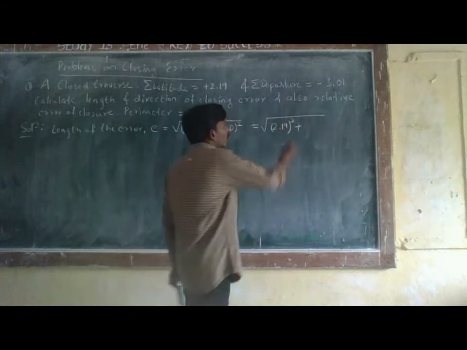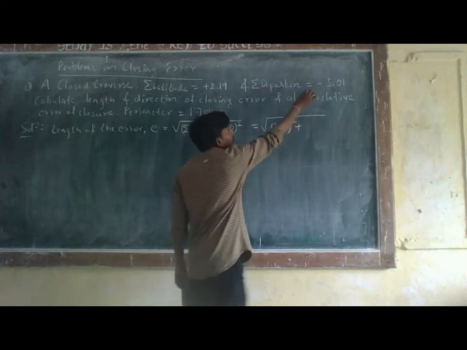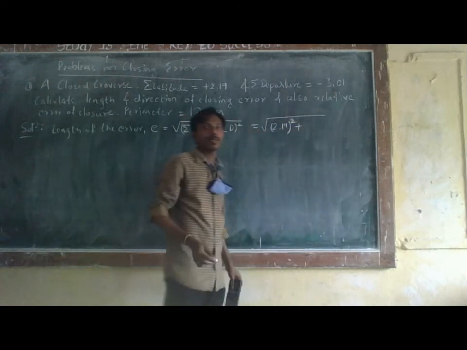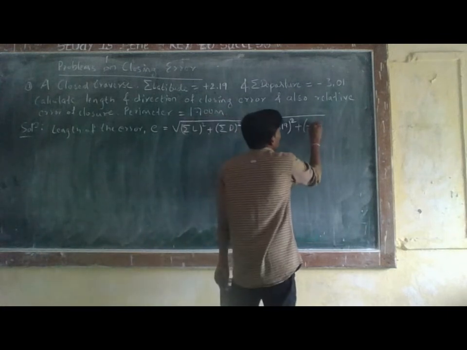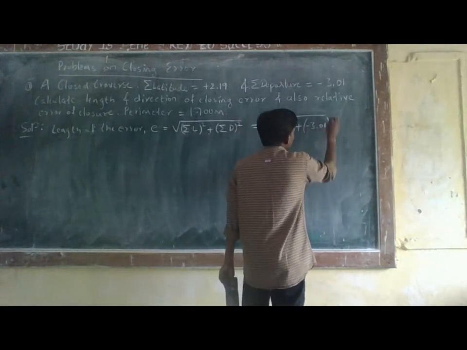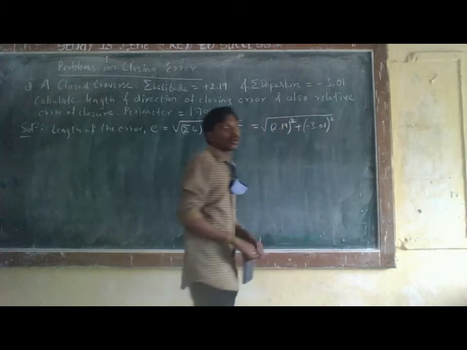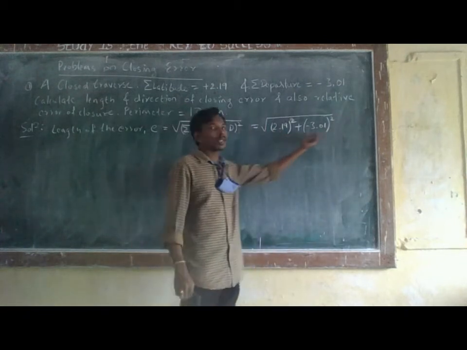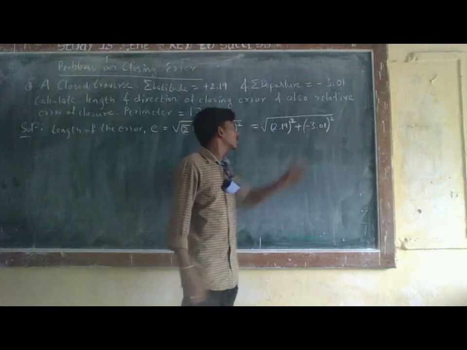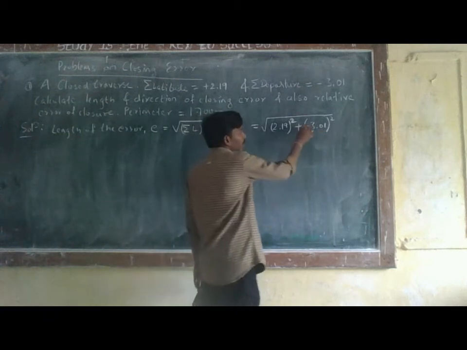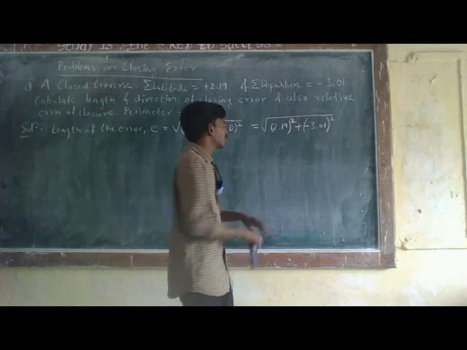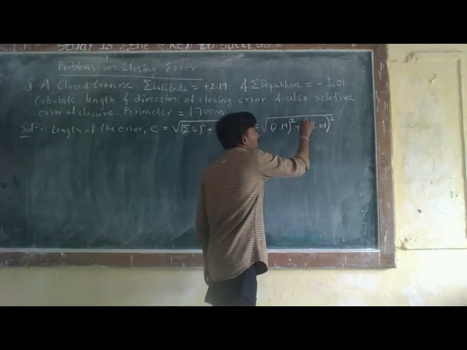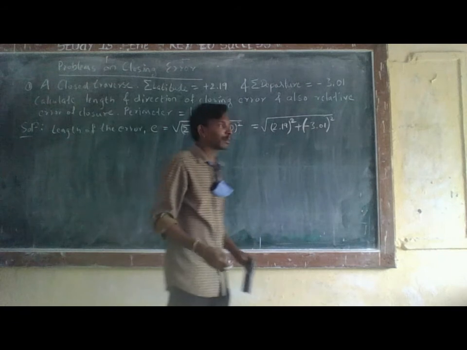If you are going to square the value, then it will become positive, but you can still write minus 3.01 whole square. Don't forget to put the brackets in the calculator. If you put plus and minus beside each other, then you will get an error in the calculator. So before that, please open a bracket.